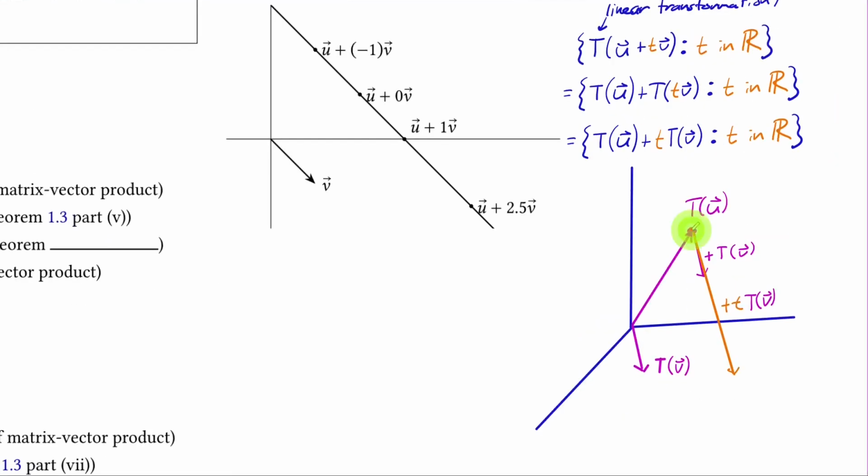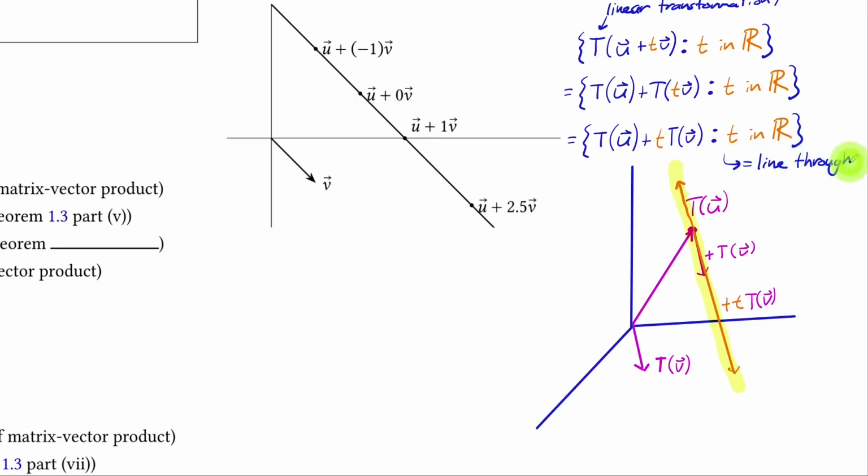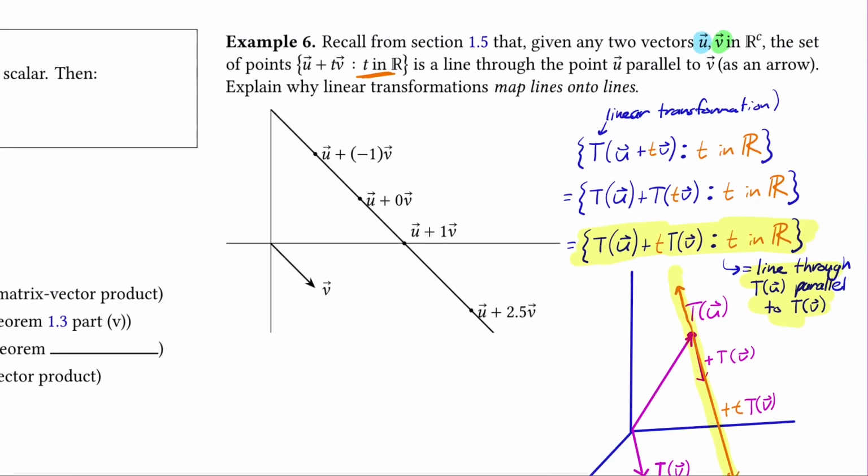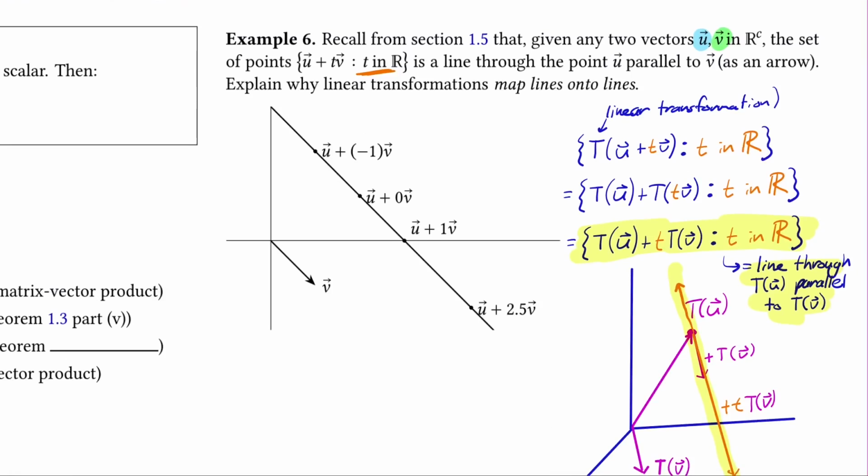And of course, the little t could be a negative number, so you can go off in this direction. So all of these points together, what you get is the line through big T of u parallel to big T of v. So that's what we mean when we say linear transformations map lines onto lines.